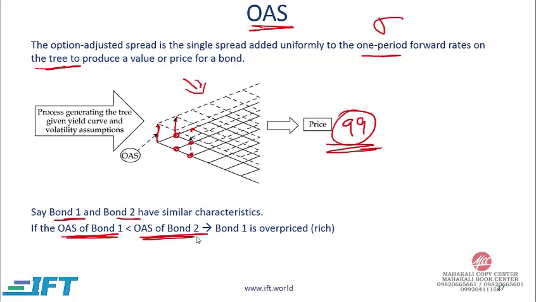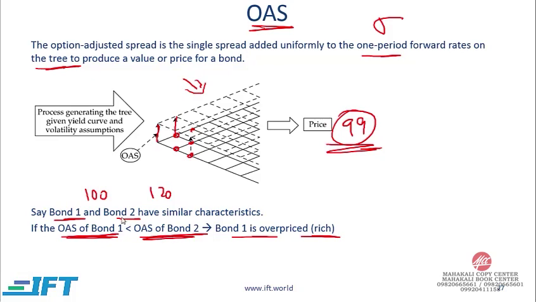This means that bond 1 is overpriced, or it is rich. Let me make this a little more tangible for you. Say that the option adjusted spread for bond 1 is 100 basis points and the option adjusted spread for bond 2 is 120 basis points.